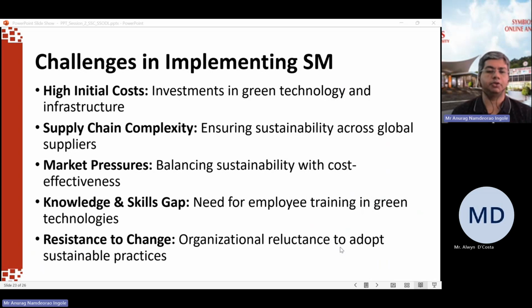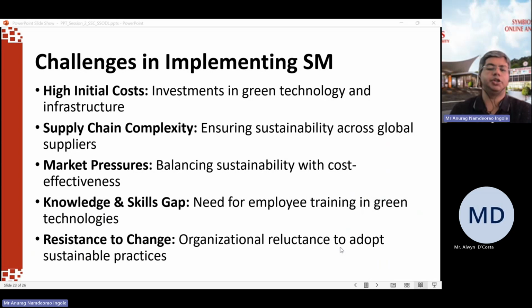There are market pressures. We have spoken about it. Knowledge and skills gap, the need for employee training in green technologies. That is something upcoming currently, that there is more and more awareness about sustainability related initiatives and green technologies. And resistance to change.